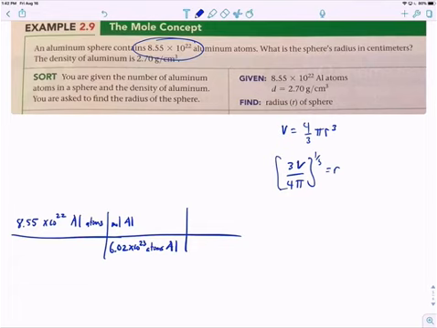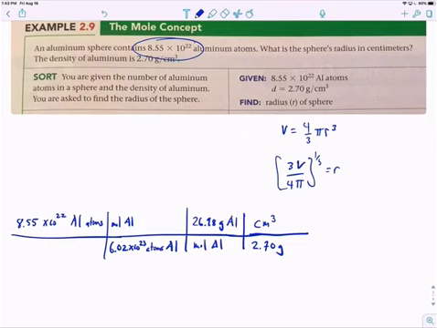Okay, 26.98. I would have just done 27, but what the heck? I'll stick with the book. 26.98 grams of aluminum per mole of aluminum. So now we have the mass of aluminum, and then we need the volume. Volume is then 2.70 grams per cubic centimeter.